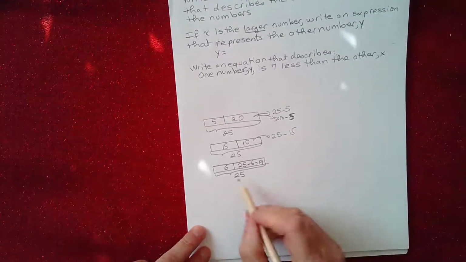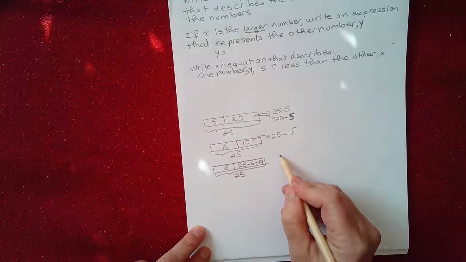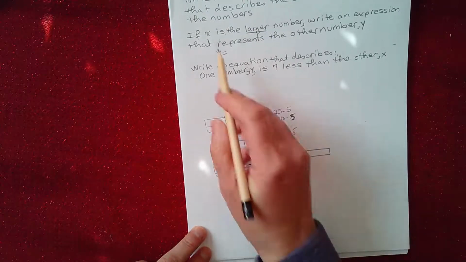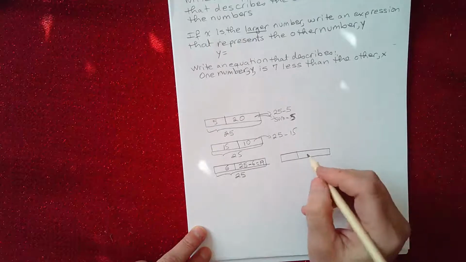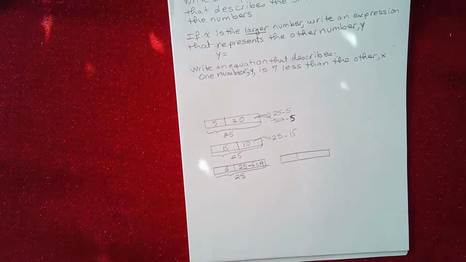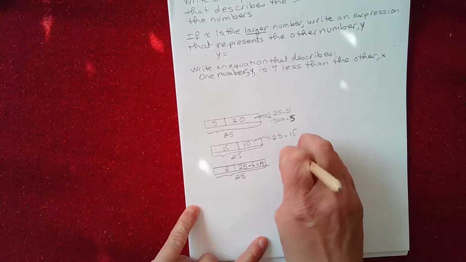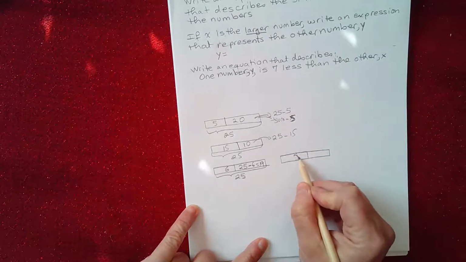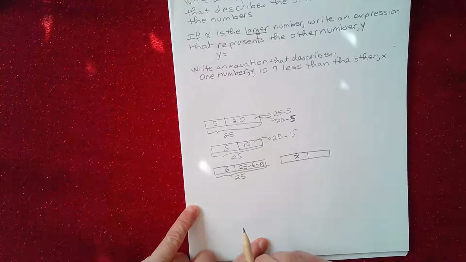So what if we don't know the first number? What if we don't know what it is? So suppose the first number, like they told me, is x. And they said it must be the larger number, so let me give it more space. So suppose here you have x. This number is x, and that's the larger number that they gave me.